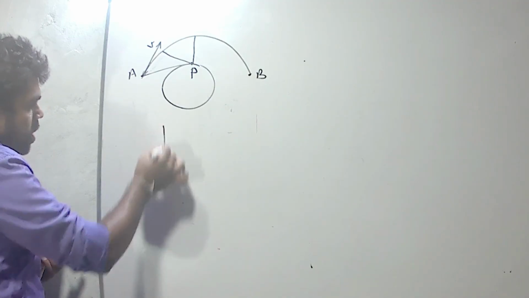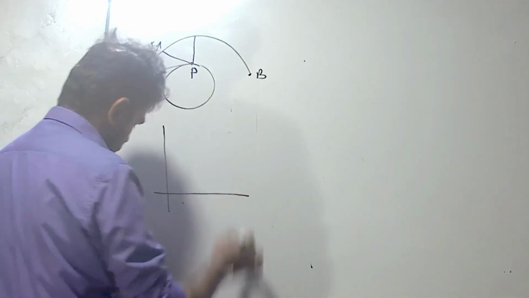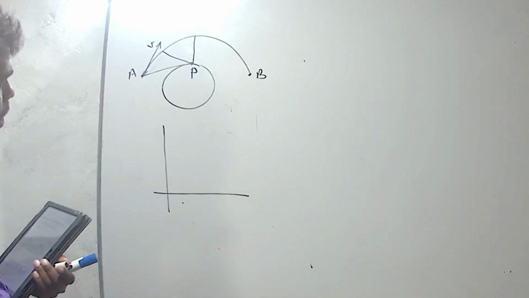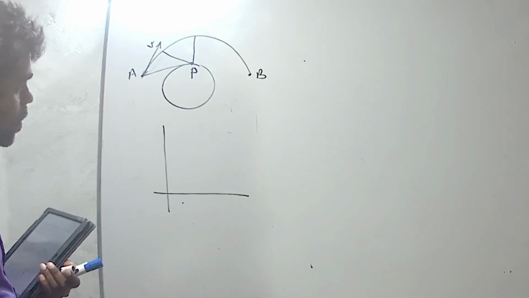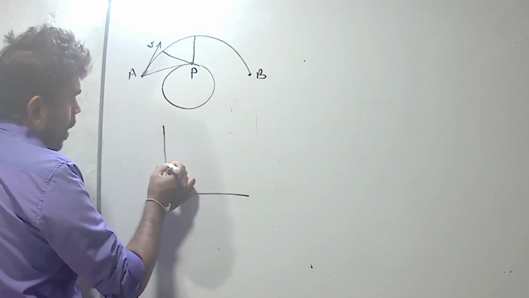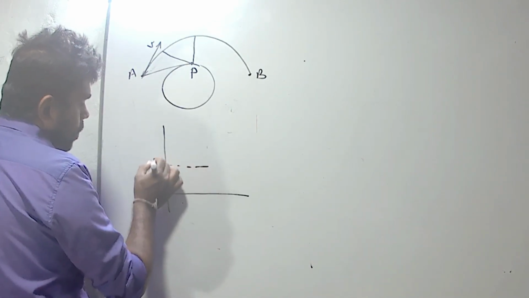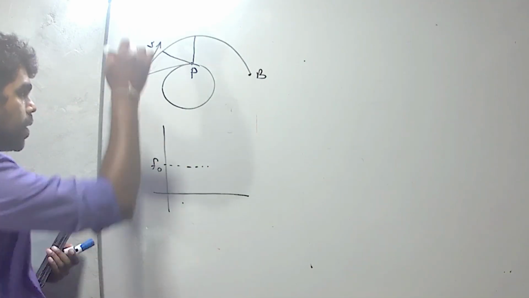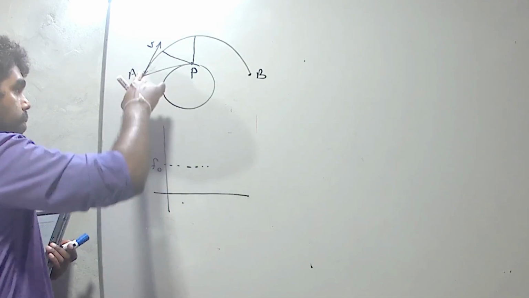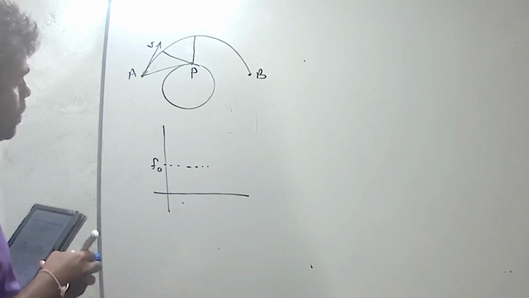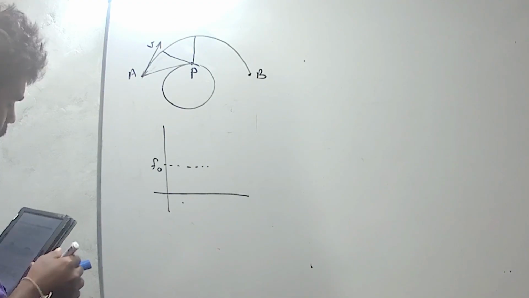When the distance is decreasing, the station P could observe a greater frequency than actual value. Actual value is f0. From this point to this point, there is a greater apparent frequency.